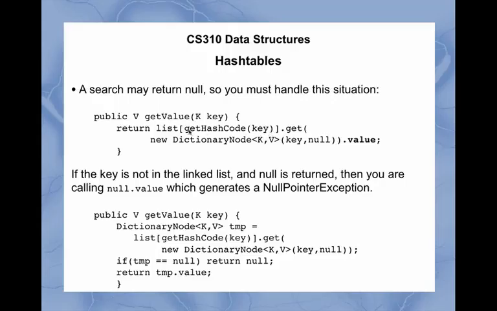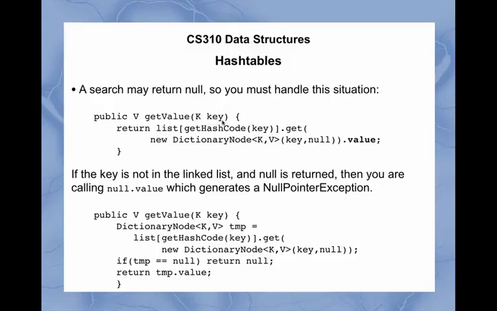This is the index in the array that we're searching. We call the get method, the search method, and pass in new DictionaryNode(key, null). This is just like the contains method, except there's a return value here. It returns what it finds, the value that matches this key.